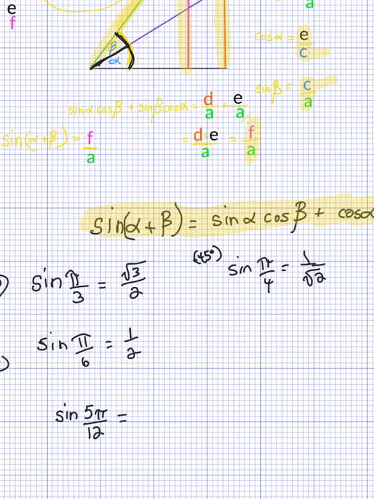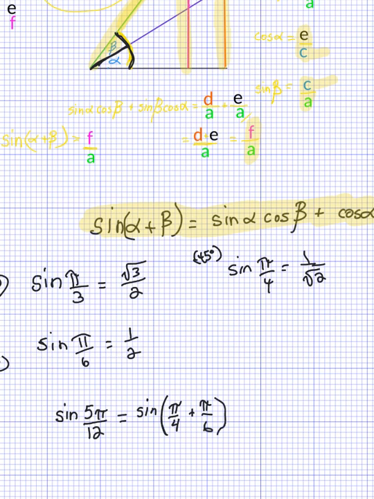What does that equal exactly? Well, we don't know that one by heart, but we do know that any compound angle, this is just the same as sine of 45 degrees, which is pi by 4, plus the 30 degrees, which is pi by 6.